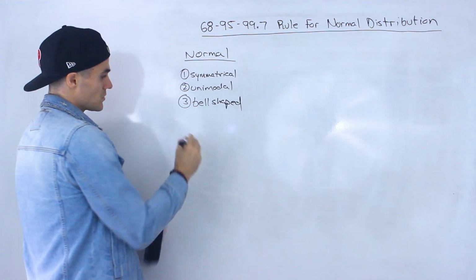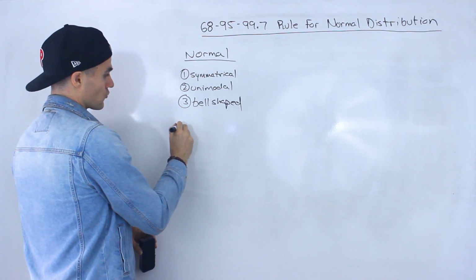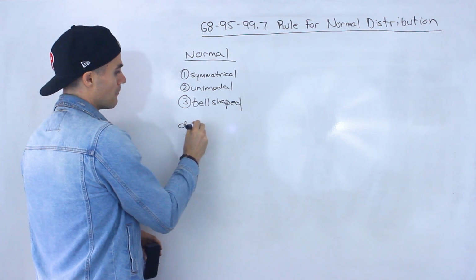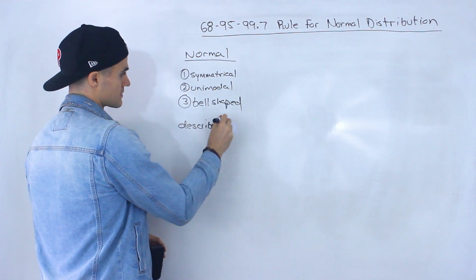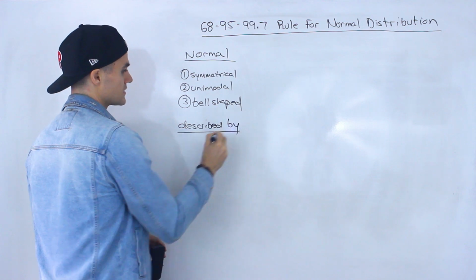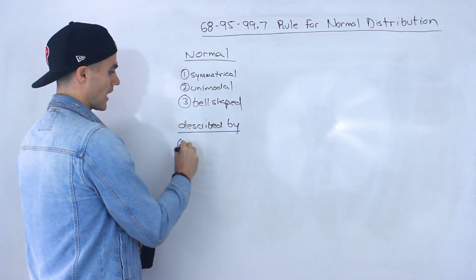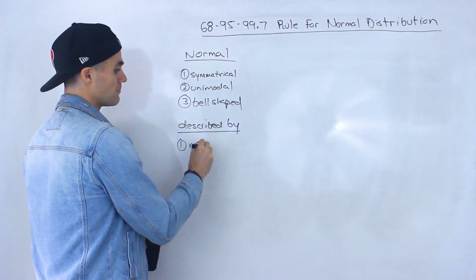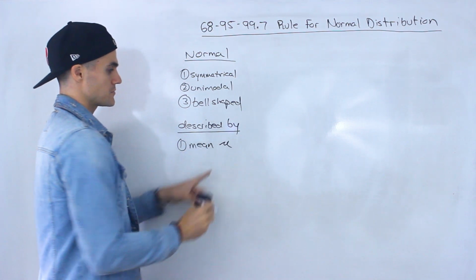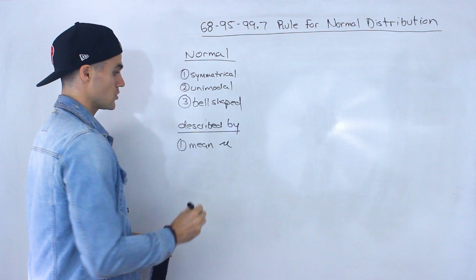And we also mentioned that it's fully described by two characteristics. One deals with the central tendency, and we describe it by the mean, which a lot of times you'll see symbolized as mu.